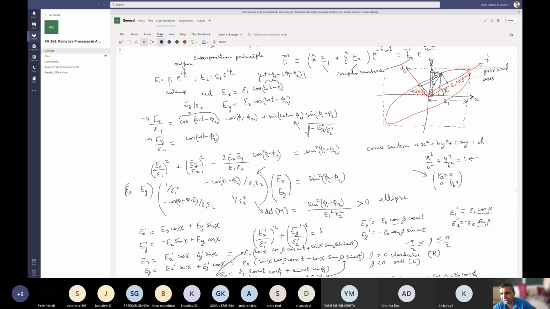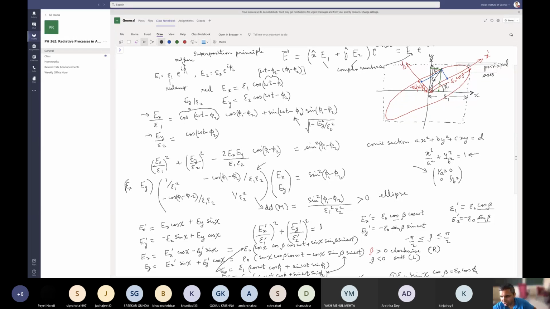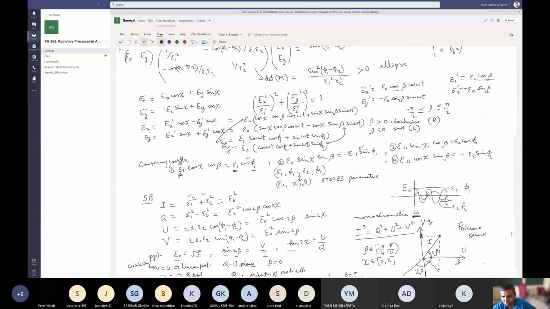If you start from here and increase the time, the y prime component becomes negative and goes in this direction. This is a clockwise sense of rotation, which corresponds to right circular or right elliptical polarization.